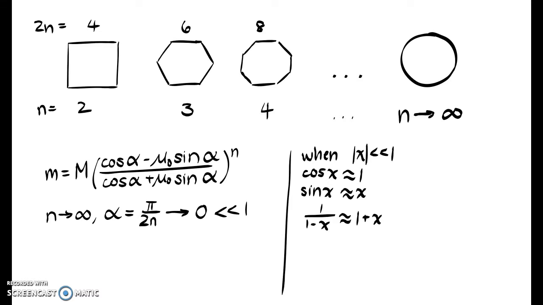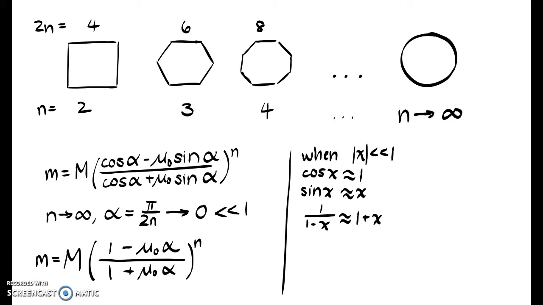So we can rewrite our equation as small m is equal to large M times cosine of alpha, that becomes 1, minus mu0 times sine of alpha, so mu0 times sine of alpha becomes mu0 alpha, over 1 plus mu0 alpha. And we have this raised to the nth power.